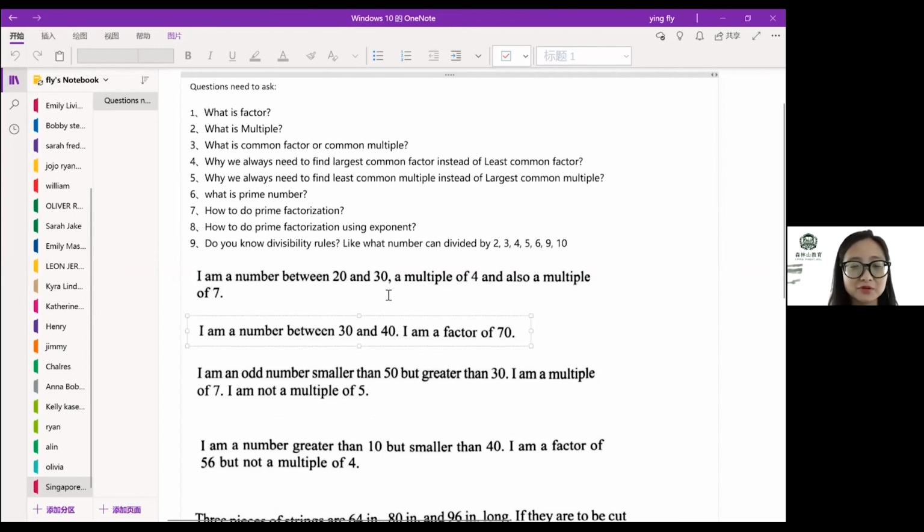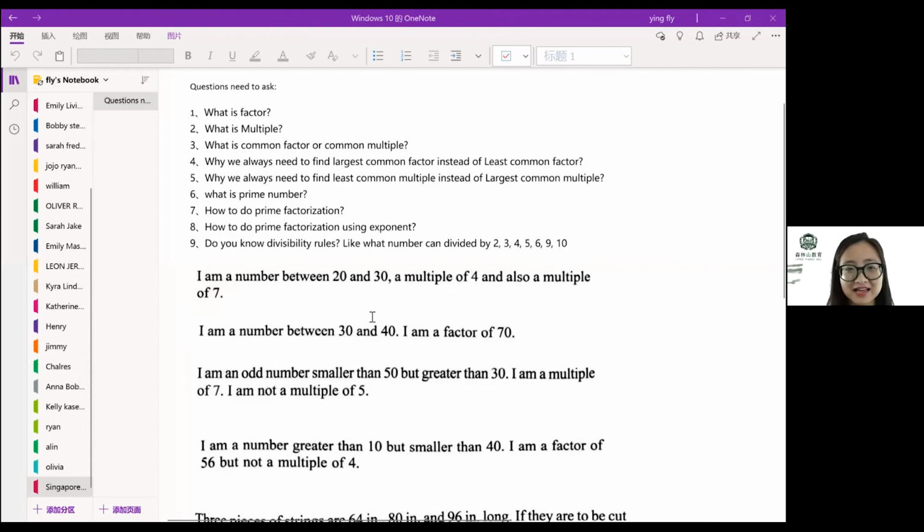Is it my computer's problem? Too many. Okay, just say it out. Okay, I got it. Oh my God, so many students. 35, right? Yeah, Lucas, Jacob, Owen, Charles, very good.